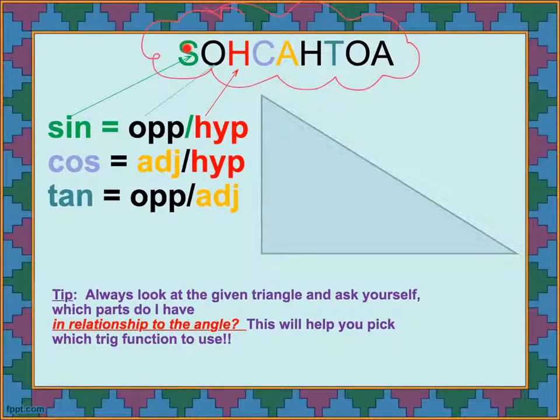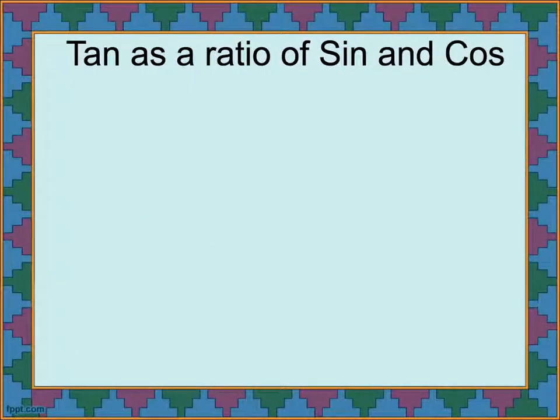Sine is opposite over hypotenuse, cosine is adjacent over hypotenuse, and tangent is opposite over adjacent. Again, it's really important that we reference which angle, and which sides are going to help us. Once we know which sides, then we know which trig ratio to pick. We're going to practice a few. That was just a quick review for you.